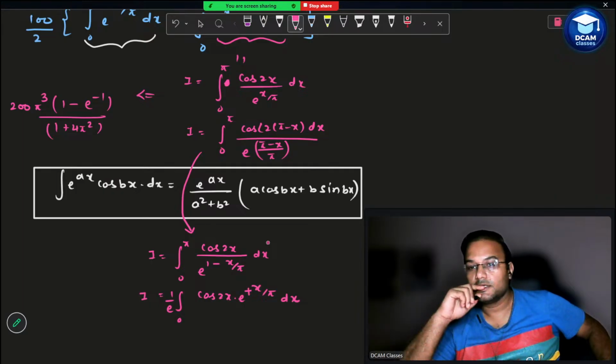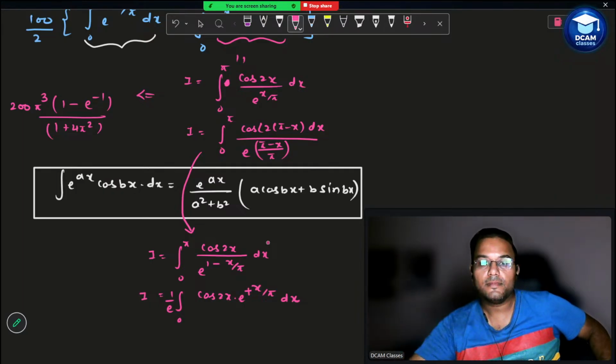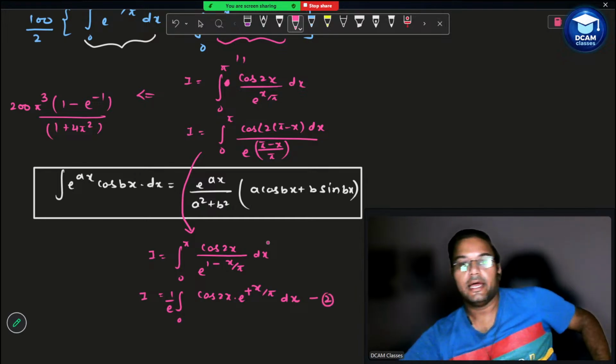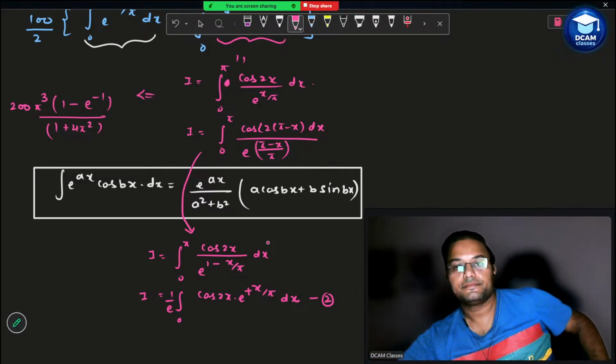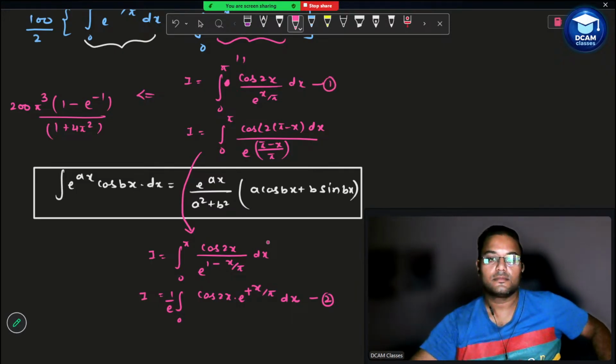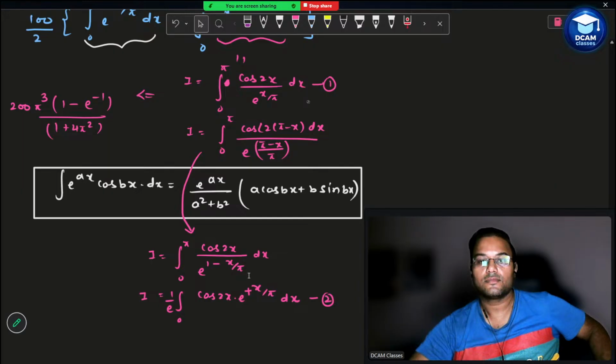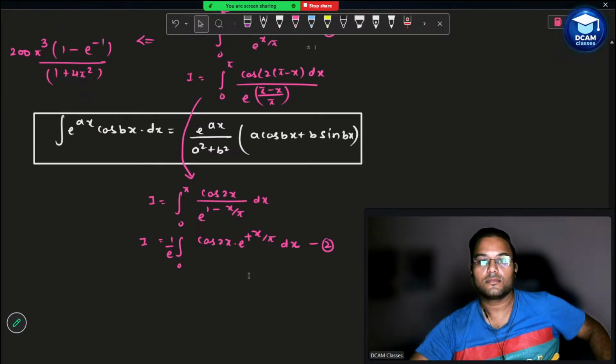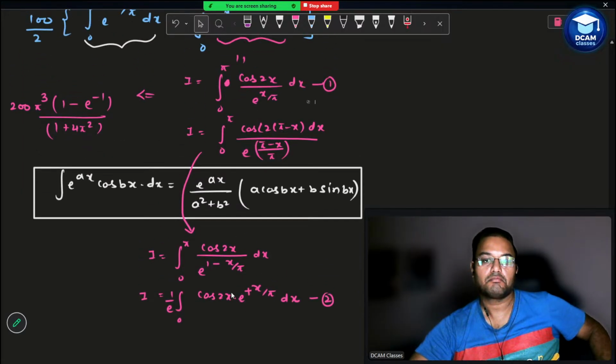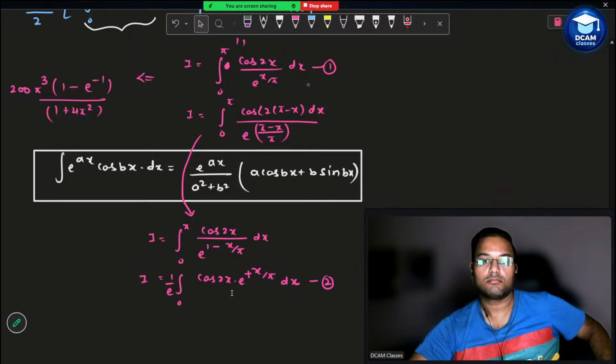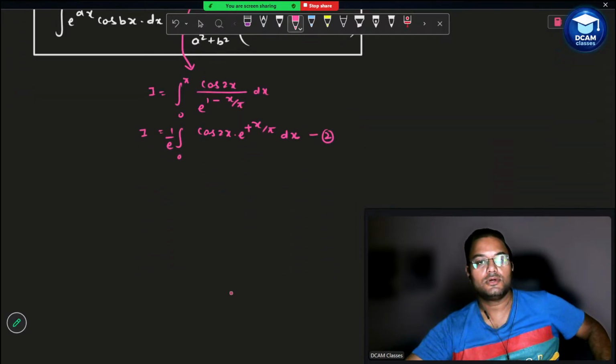Correct. My mistake, sorry. So this is our second one. Now, if we add the first and second, it's not actually simplifying things.